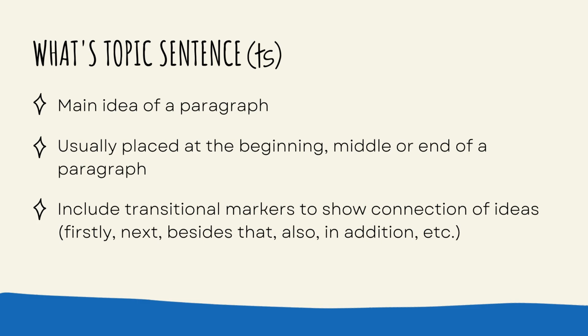It is usually placed at the beginning of the paragraph, but sometimes it is also placed in the middle or at the end of the paragraph. When you write topic sentence, you must include transitional markers such as firstly, next, besides that, also, in addition, etc. This is in order to show connection between one idea to another idea.